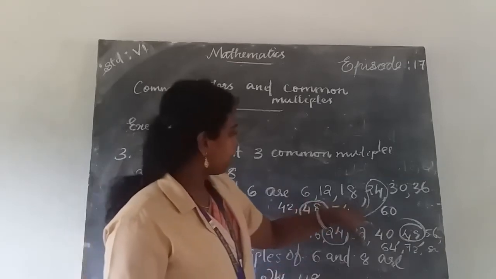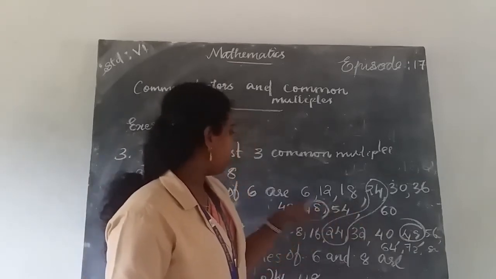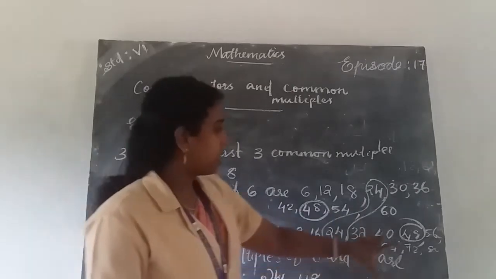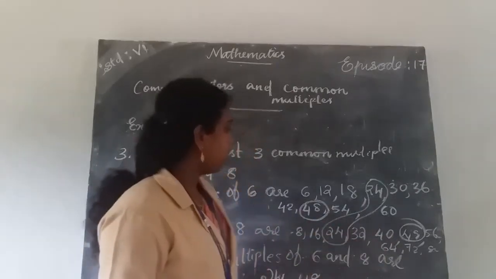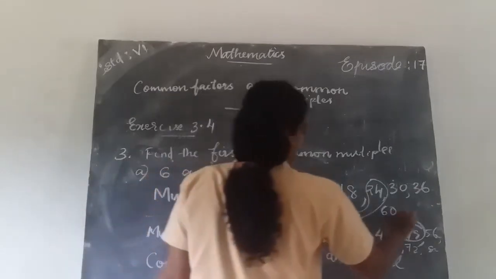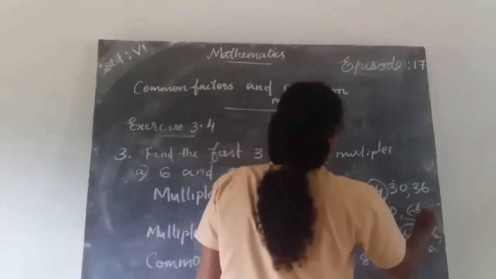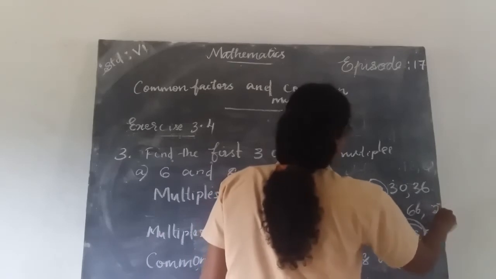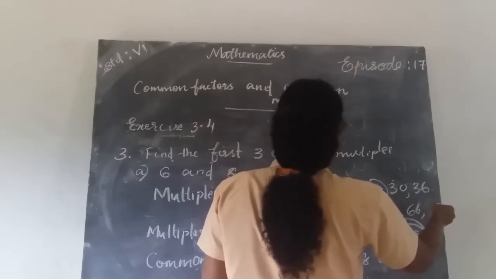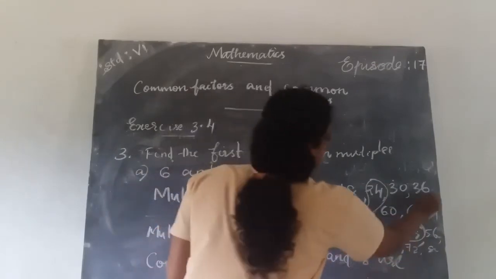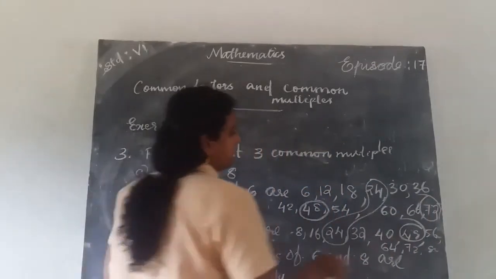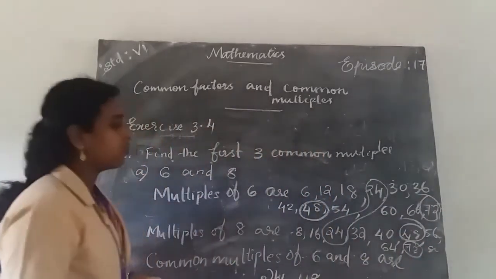And the next one is 54. 54 is a multiple of 6 but it's not a multiple of 8. Then 72. 72 is a multiple of 6 and 72 is also a multiple of 8.